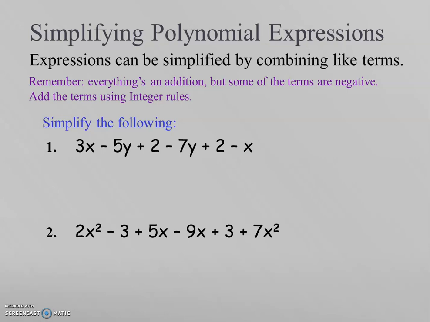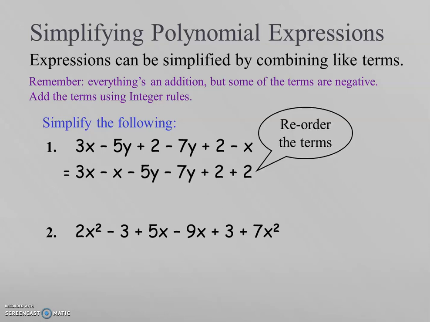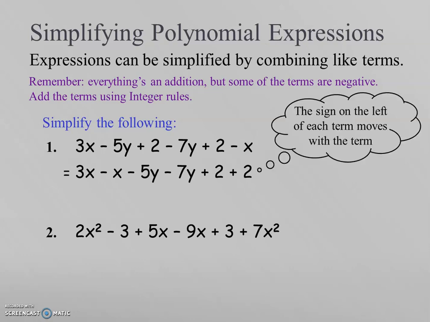So the first thing we're going to try and do is to reorder them. If you put them in the order where they're kind of side by side, you'll recognize the like terms better. And remember that when you move those terms, the negative sign stays with the term. So that negative on the negative x moves to the front, and the negative on the 5y moves after it.